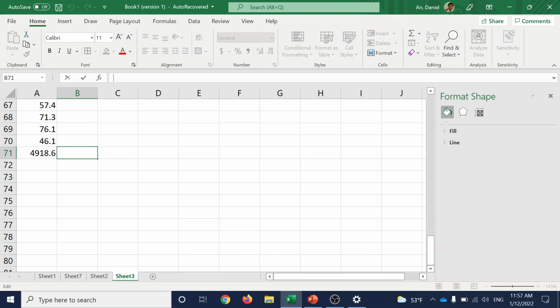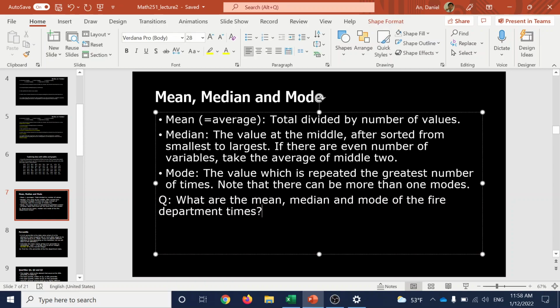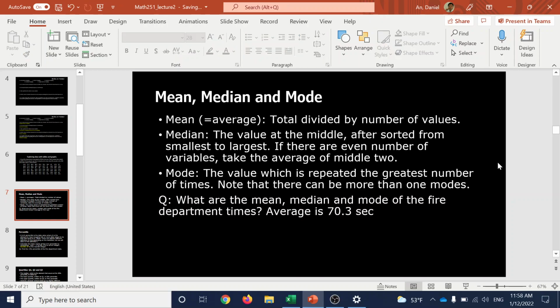Then we divide it by the number of data points, which is 70. If you divide, you get around 70.3. So we see that the average is 70.3 seconds, which is below the 80, so it's good.